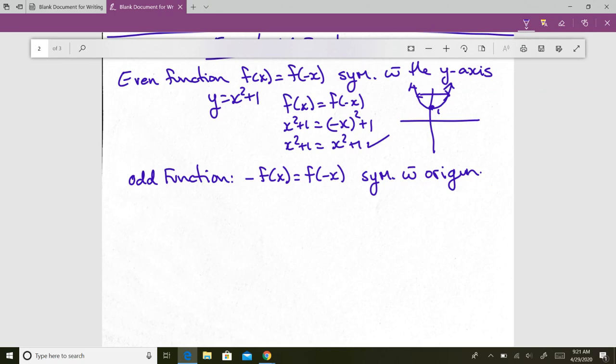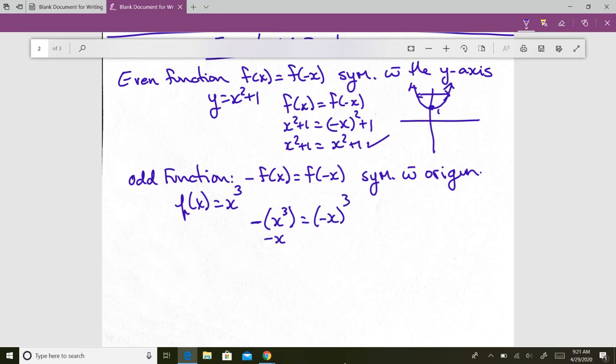Okay, so a simple example, if I have f of x is equal to x cubed, I just go, okay, well, is it odd? Well, does negative f of x, negative of our function, equal f of negative x?